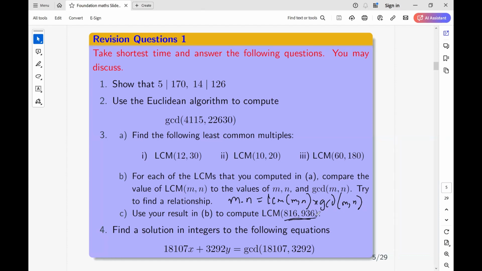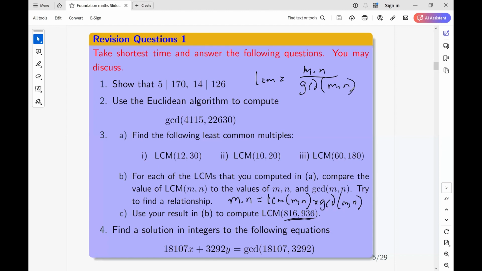So what this then means, how do you find the LCM? You find the LCM by dividing by GCD on both sides. When you divide by GCD on both sides, you find that the LCM therefore will be given by the product of these two numbers divided by the GCD of these two numbers.